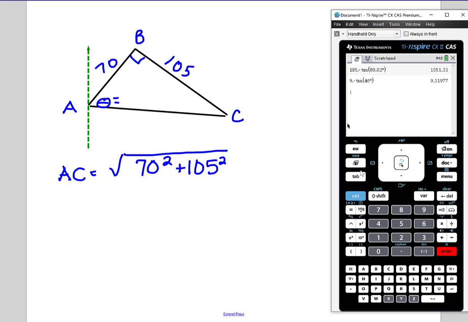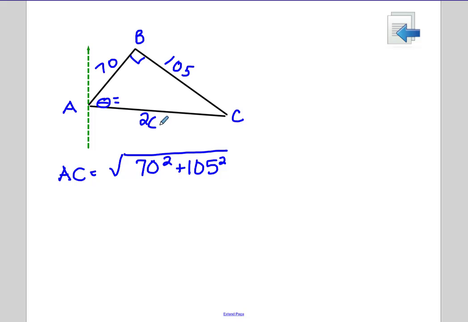So let's go calculate that. We want the square root of 70 squared plus 105 squared. Let's try that again. The square root of 70 squared plus 105 squared is about 126.194.